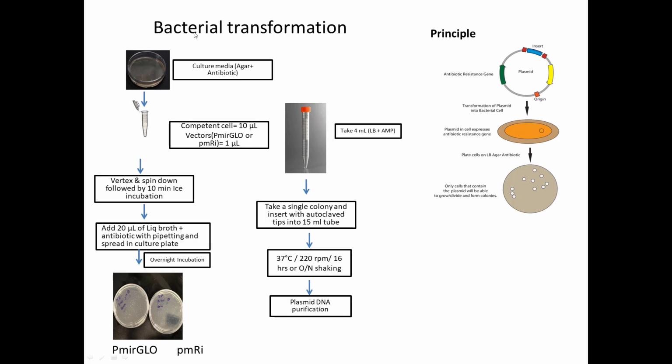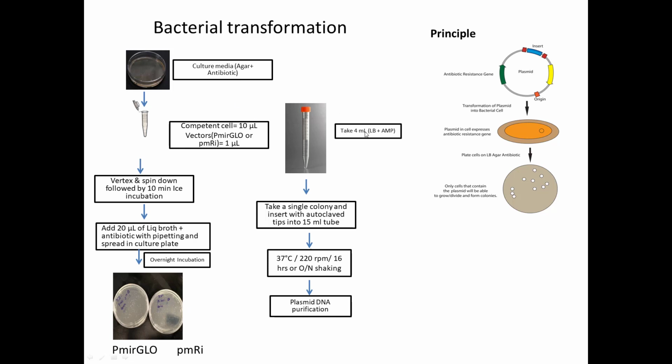So this is the method that I have done in my lab. Here I have used the culture media of agar plus antibiotic, and I used the competent cell along with the vector, and I vortexed and spun down the solution, and I put it into overnight incubation. Here I used two different types of vector, a pMIR-GLO vector and a pMIR vector.